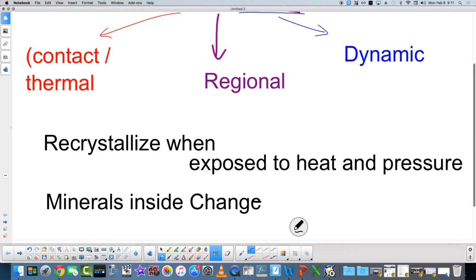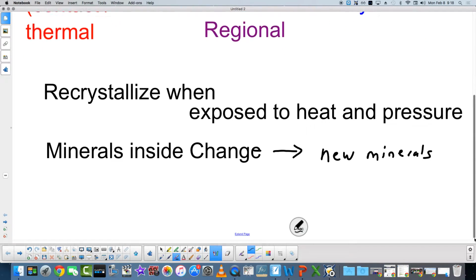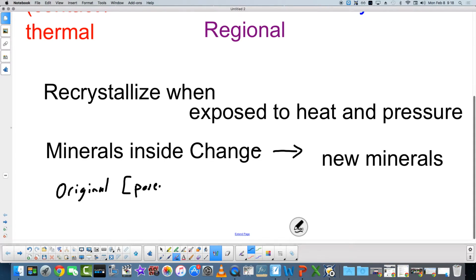And so you end up with new minerals as a part of this process. Made out of the same material as the original minerals, of course. Original rock is also known as parent rock.